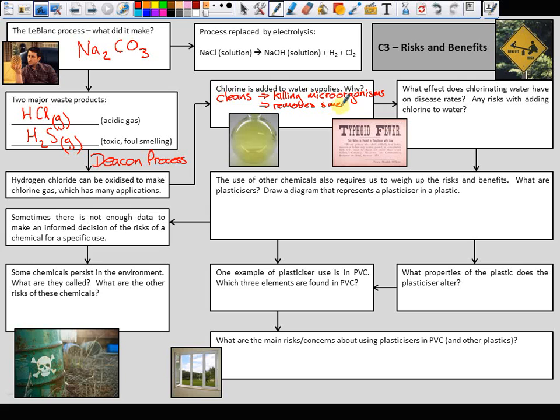What effect does chlorinating water have on disease rates? Well, if we're killing microorganisms, then we're going to reduce disease.